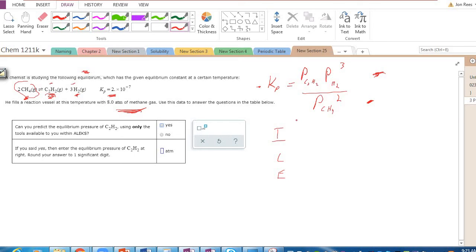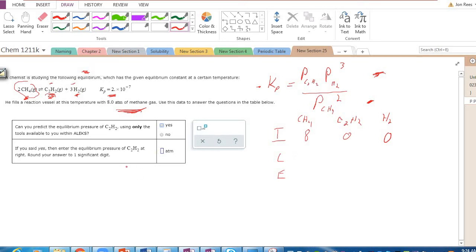I like to follow the chemical equation order: methane, C2H2, and finally H2. Initially we have 8 atmospheres of CH4, and none of the C2H2 or the H2.